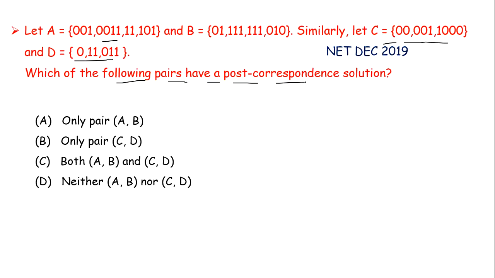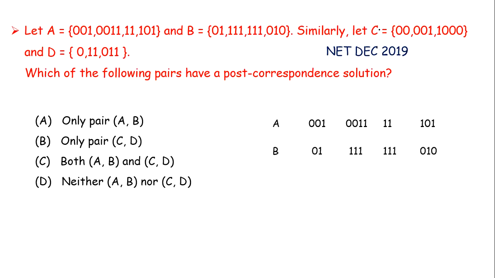We are given 2 pairs, A and B and C and D. Among these we have to tell which one has a PCP solution. Now our question should be how to find a PCP solution. So let us take A and B first. Let us say we are representing the index for both A and B as 1, 2, 3, 4.